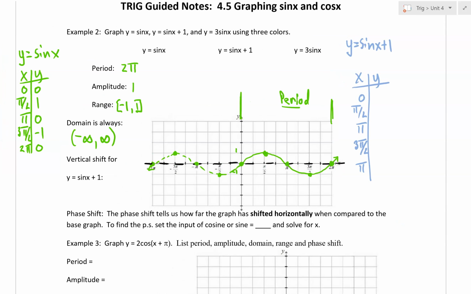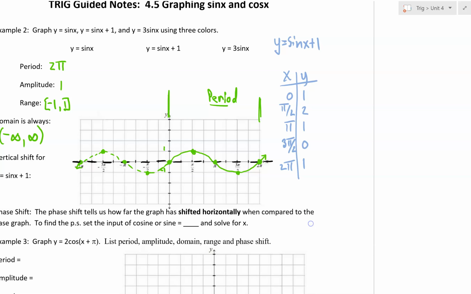So putting in 0 into this equation means that we're going to have sine at 0, which is 0, add 1, we get 1. Sine at pi over 2 is 1, plus 1 is 2. Sine at pi would be 0, we're going to add 1, we go back to 1. Sine at 3 pi over 2 is negative 1, that makes this 0. And then sine at 2 pi, we're back to 1 because we're going to add 1.